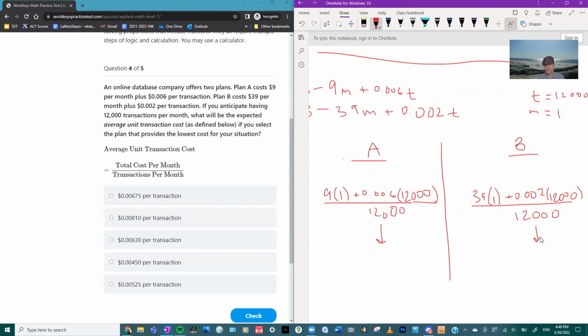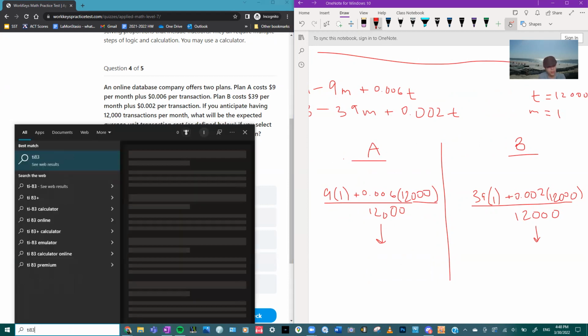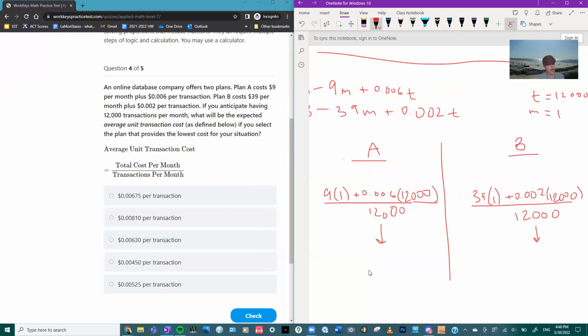So if you have a TI-84, you can push alpha, y equals, and then enter to do a fraction, but you can't really see it, I don't think, so it blurs it out.